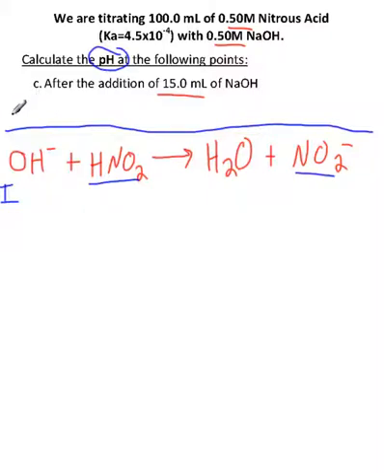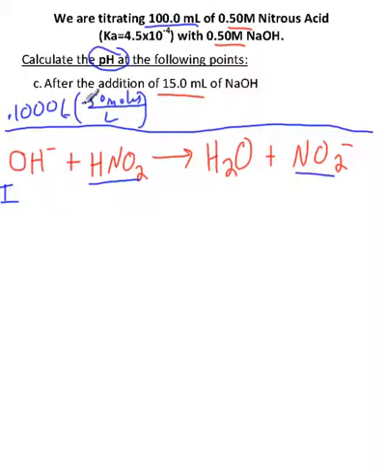We're going to do the acid over here in this part. And I know that I've got 0.1000 liters, 100 milliliters, that's an L, times my molarity, 0.50 moles per liter.